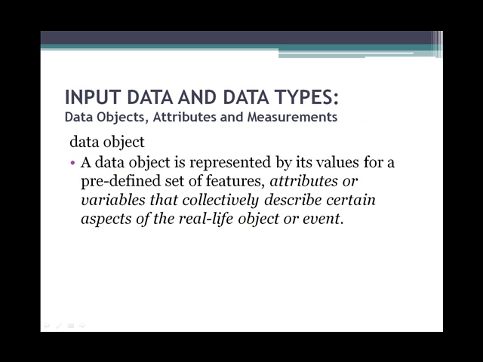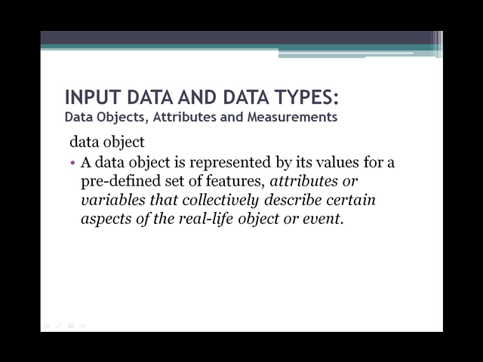So, input data and data types: data objects, attributes, and measurements. A data object is the individual. We say it's the individual that you take measurements on. For example, let's take the iris data set. The individuals are the different flowers.